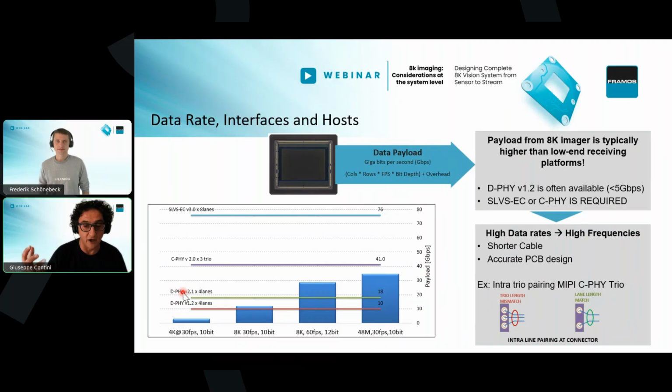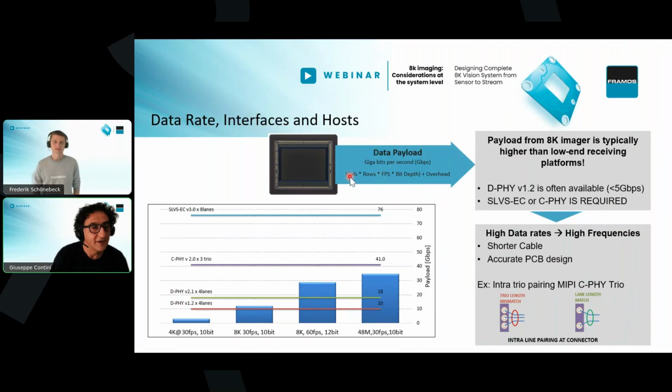You need a host, a receiver, that is compliant to 2.5 and capable of receiving 4.5 gigabit per lane. In this case you have a bit more bandwidth, so with my estimation, if the blue pillar is 30 frames per second, you can go up to 35 frames per second. But this is the math.